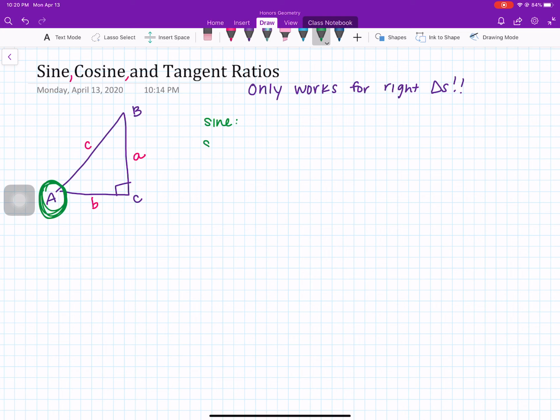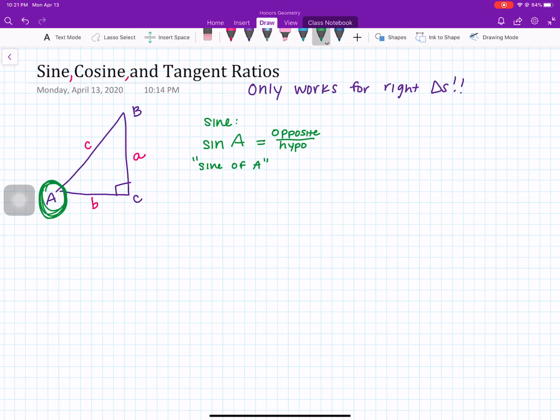Sine, we abbreviate SIN. So we would say the sine A. You would write the sine A. You would say it sine of A. The ratio that gives you the sine of A is the opposite side over the hypotenuse.